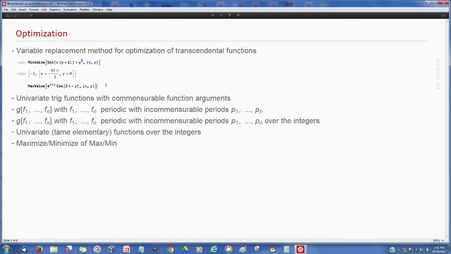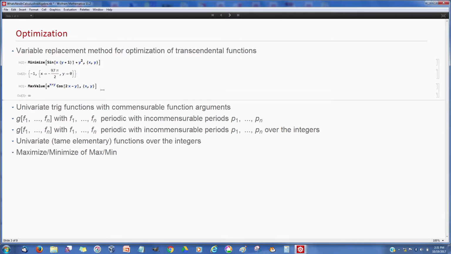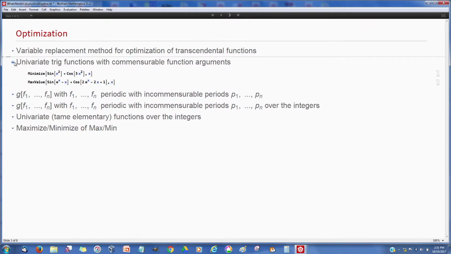Here is a mean value. Also, we can transform from x, y variables to exponents of x, y and cosine of x minus y variables, with the appropriate transformation of the domain over which we optimize, and we get the max value. Another case that we have added is univariate trig functions with commensurable function arguments.